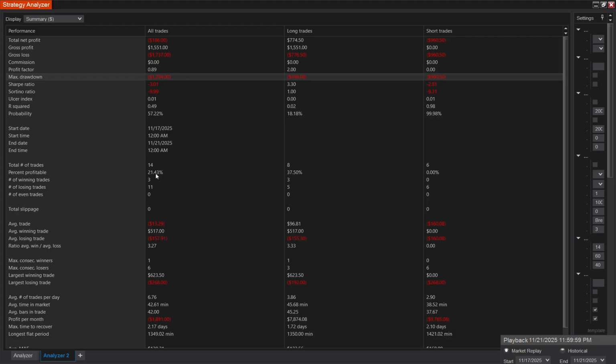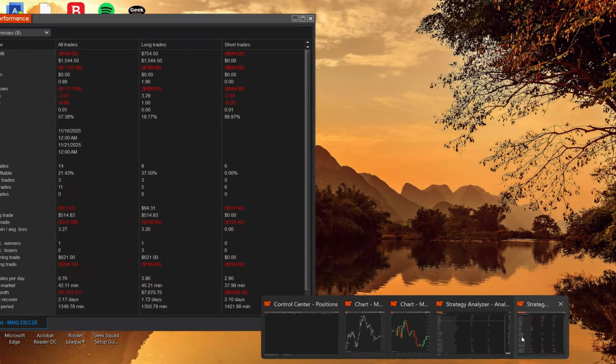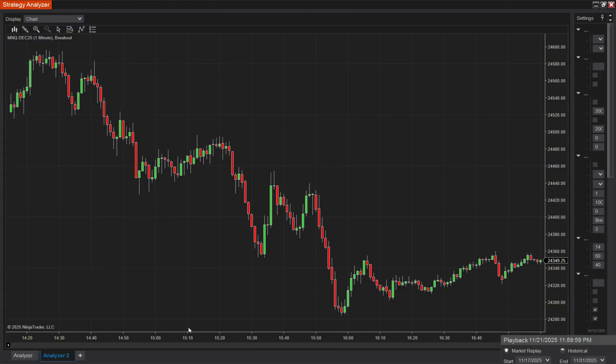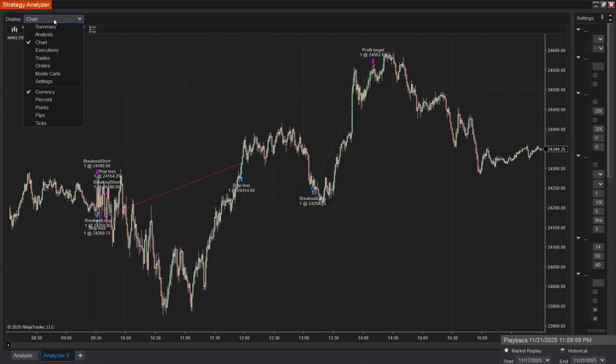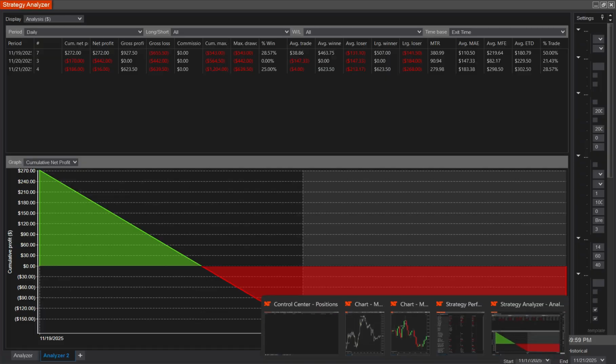Extremely similar. We have 21.43% win rate, and it's the same in market replay. We can go back to the charts, or we'll see the analysis first. It was profitable in the beginning, went down, and then slightly down again after that.